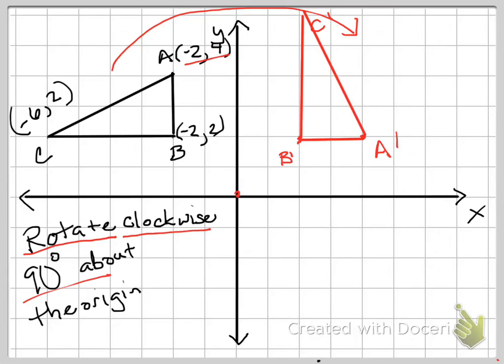So again, this point gets rotated over here to (4, 2). B comes to (2, 2), and then C is over here at (2, 6). It just takes practice. Just remember, if it was 180 degrees, it'll get translated all the way down here.